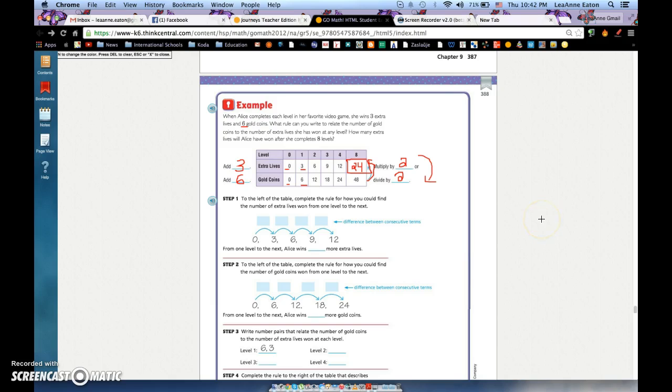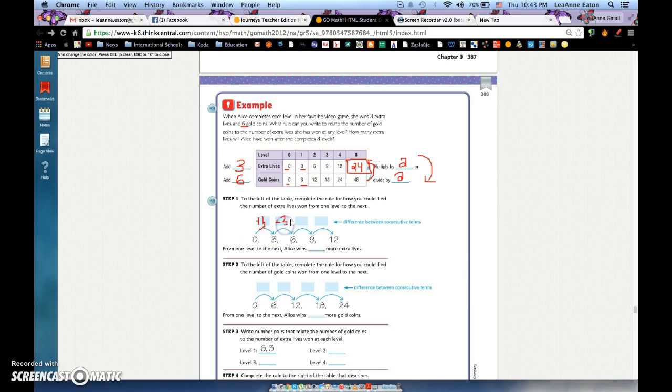Okay? So to look at that step by step, in case you didn't understand what we just did, the first step was what you did. We looked at the left of the table and we completed the rule for how we could find the number of lives. So we could have just looked at the rule, add 3. Okay? So 0, this is plus 3, plus 3.